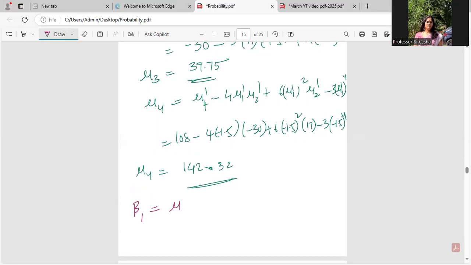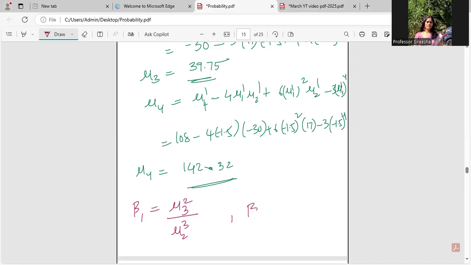Beta 1 is mu3 squared by mu2 cube. Mu3 squared by mu2 cube. Beta 1 is that. What's beta 2? Just see here. Mu4 by mu2 squared.